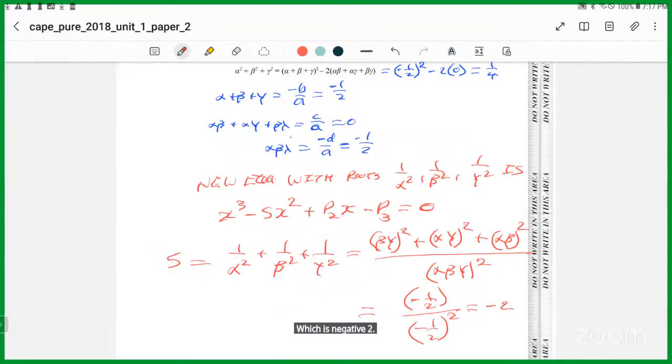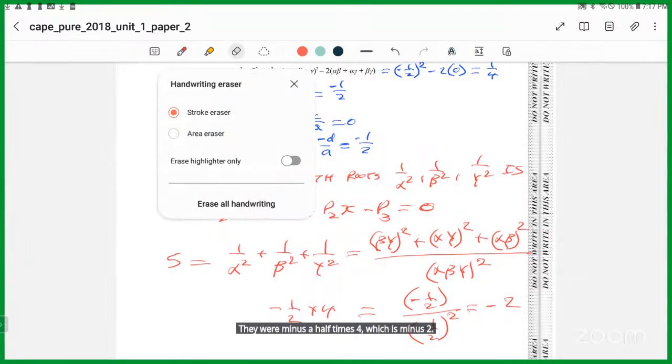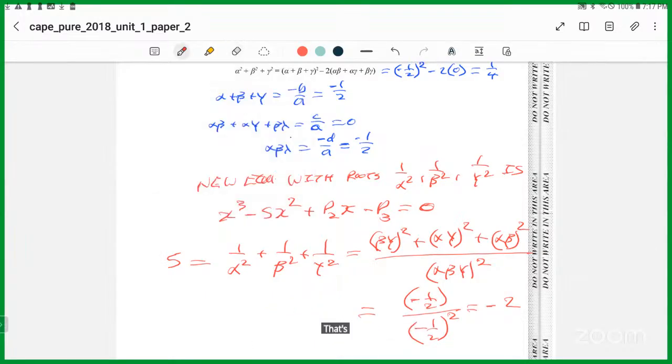That's what it becomes, minus 2, because it becomes minus half over a quarter. To divide by a quarter, multiply by 4. So we have minus a half times 4, which is minus 2. Good. So s is minus 2.